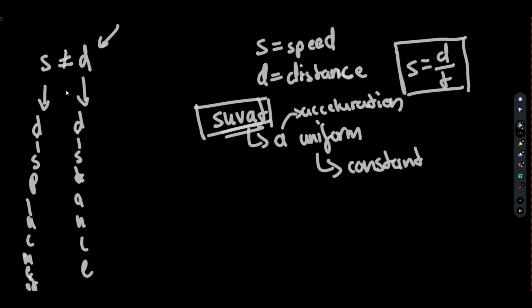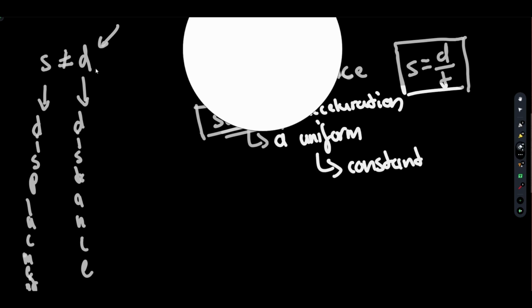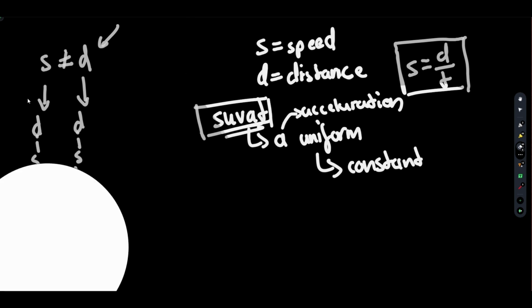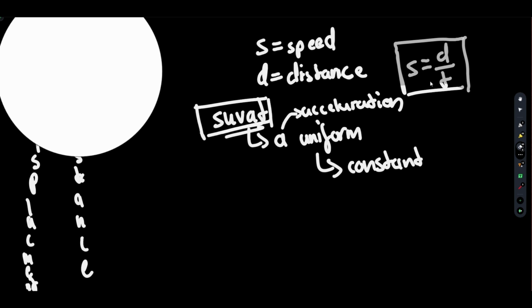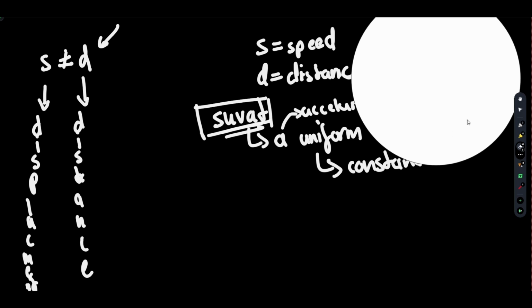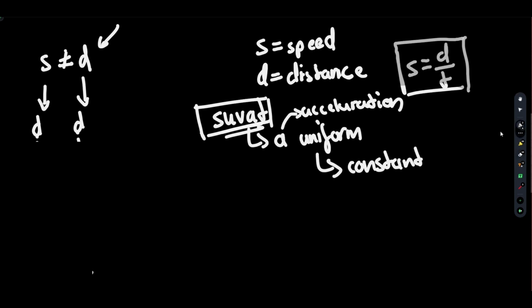Remember this, S and D are not the same. Trust me, you'll remember it one day. Okay? So what I mean by that, the difference between distance and displacement is, hold on a second, get that out of here.